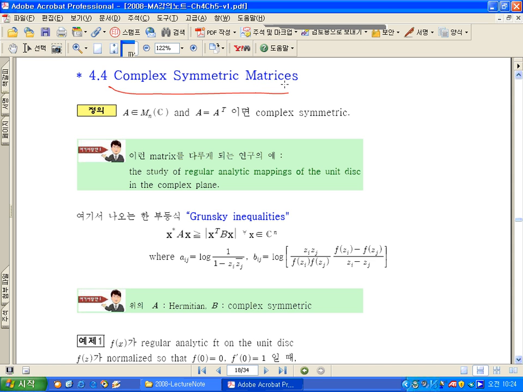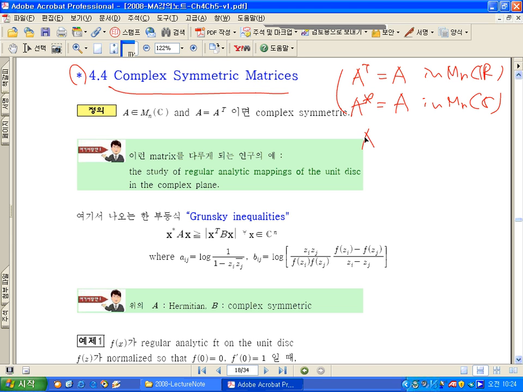This is complex matrices, section 4.4. Okay, we have studied the symmetric matrix for a real matrix. Then we studied the Hermitian matrices that have these properties.